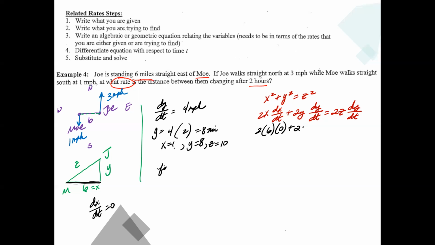So my goal here is I need to find dz over dt, because the question is at what rate is the distance between them, and the distance between Joe and Mo is represented by z after 2 hours. Okay, so going back to this right here, I have y.